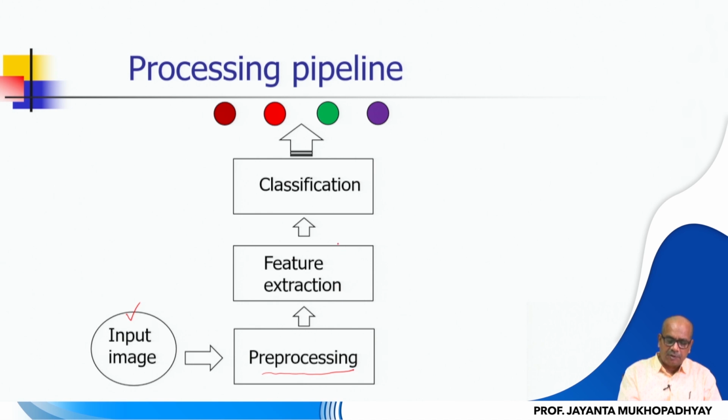Feature extraction modules give you that representation, and then those become input to the computational module called classification, as I was explaining. From there you have to classify those objects into several classes.